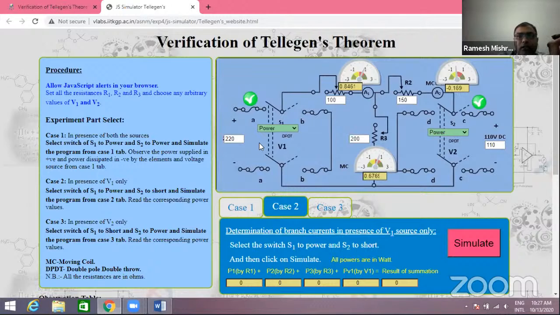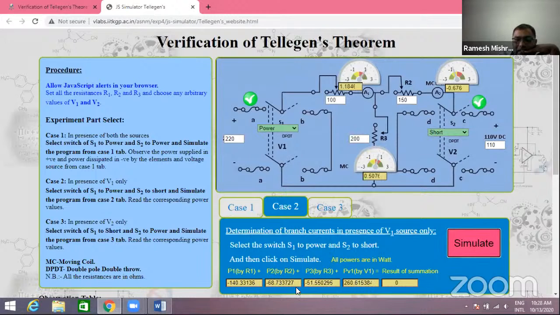We can calculate the total power for the first voltage source here, determining the branch currents in the presence of only the first voltage source. Then we go for simulation.